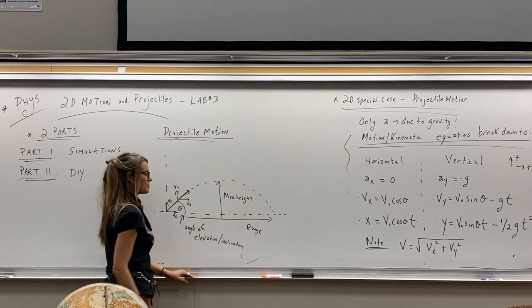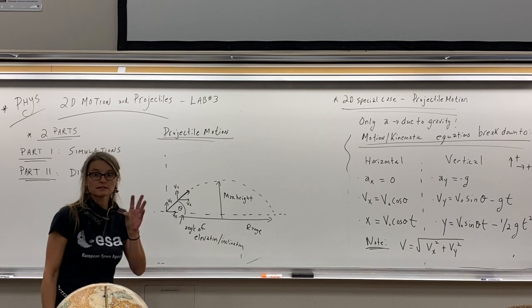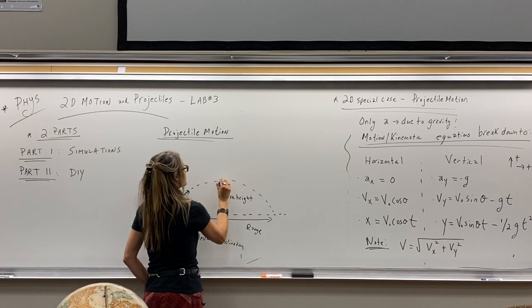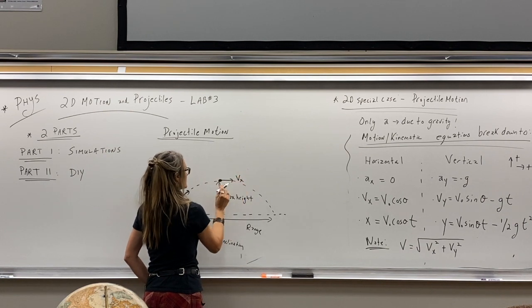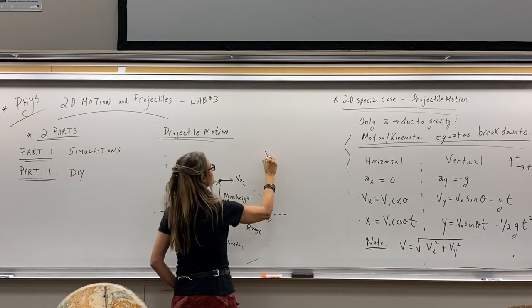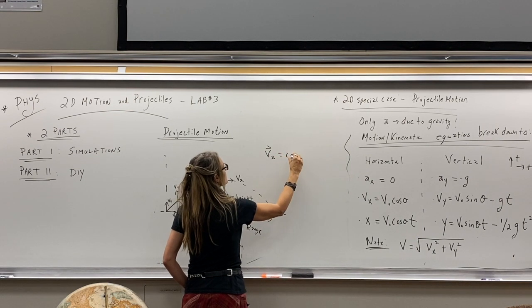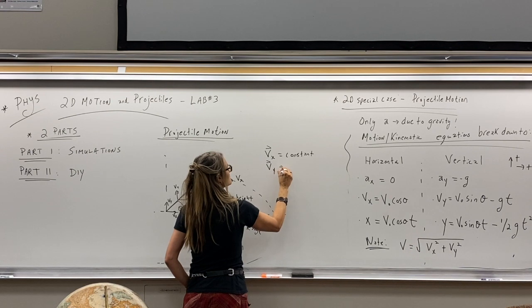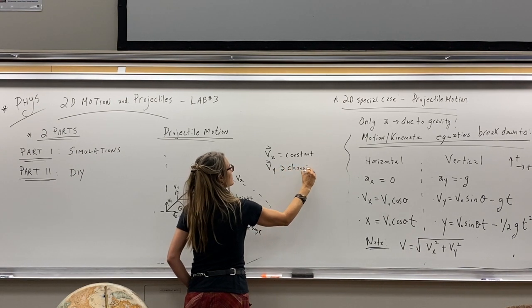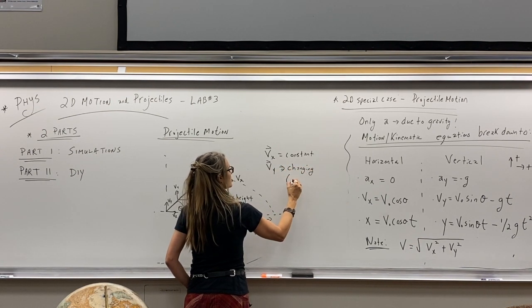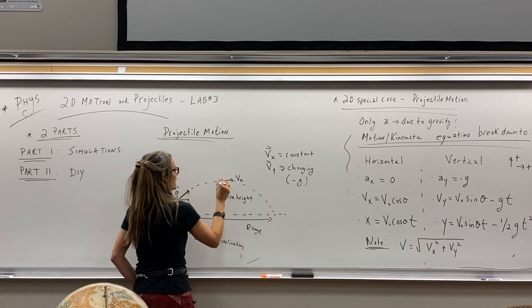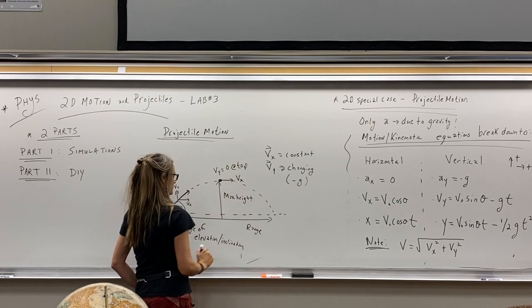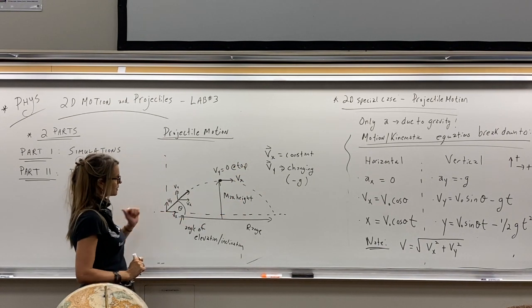And at that maximum height, this is one of these tricky things that you're supposed to know in physics problems: Vx is still constant, Vy is changing by minus g, and at the top, Vy equals 0.